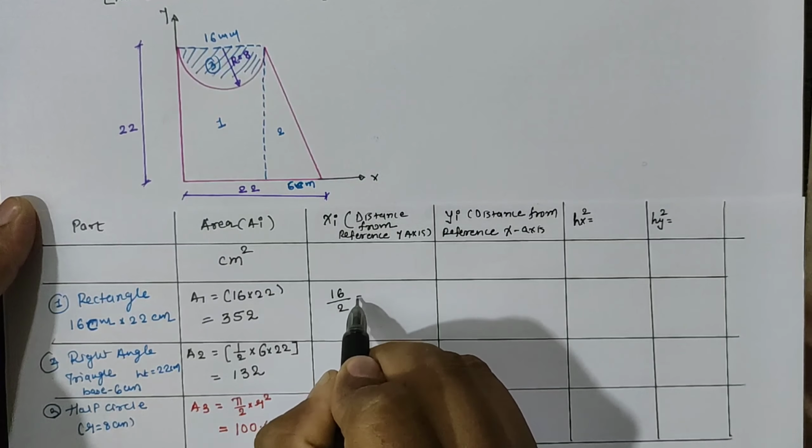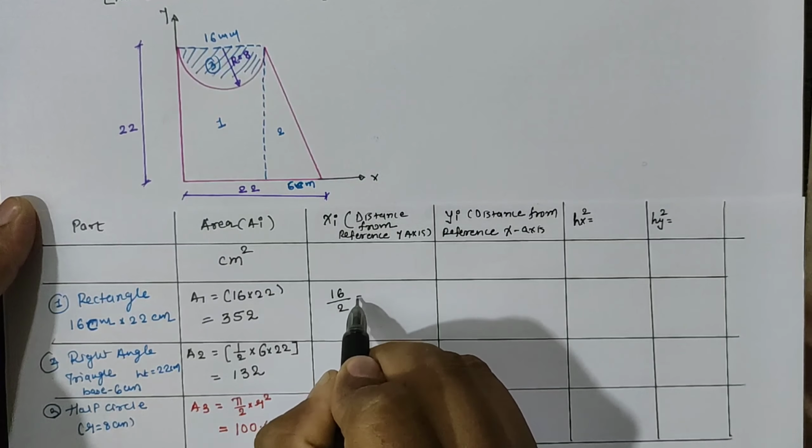Now going ahead for the half circle, the CG of the half circle is exactly at R. So our value is R, which is equal to 8 centimeter. So these are the distances of the particular parts with respect to the y-axis.